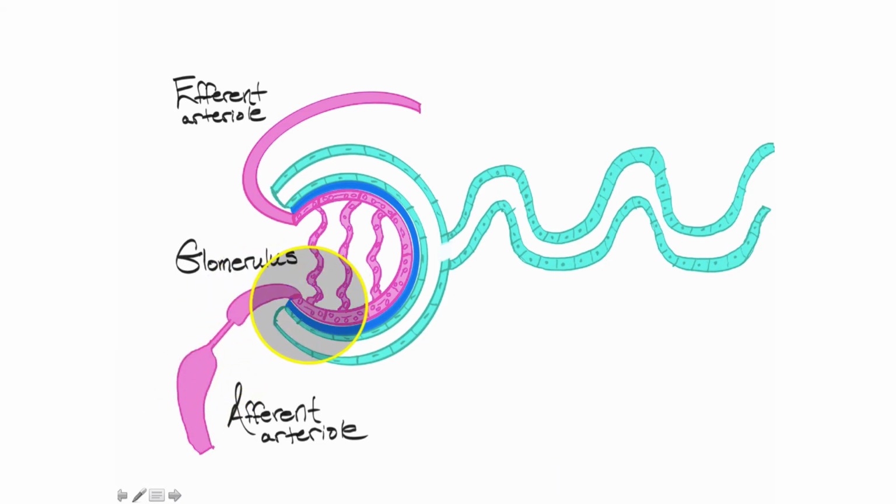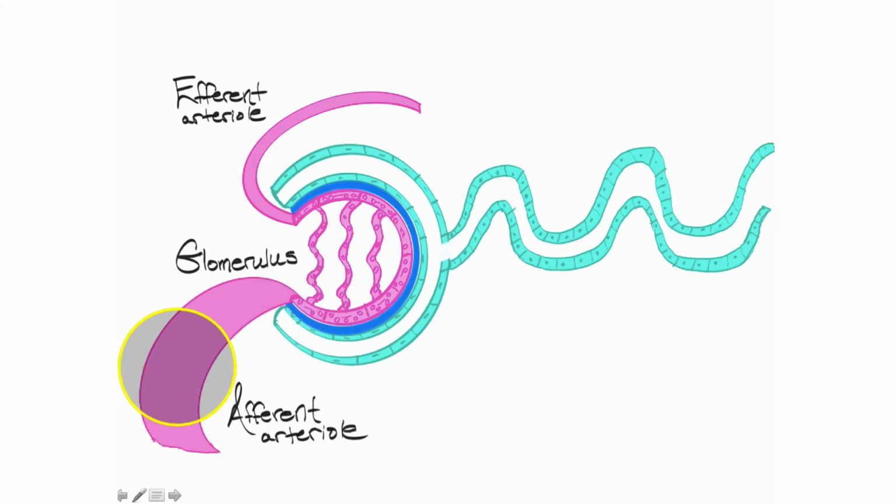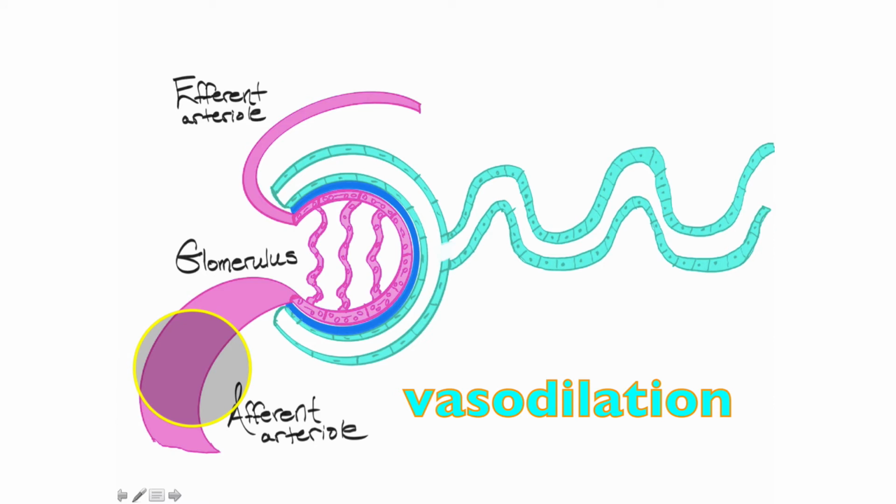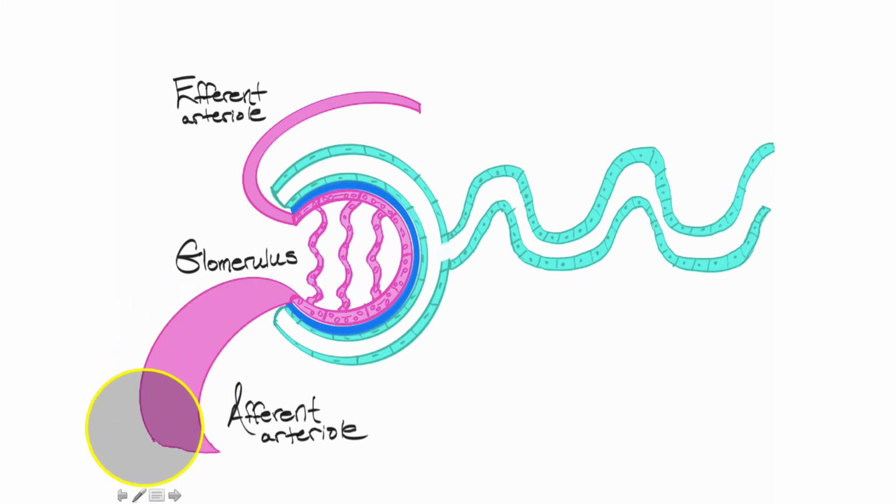Now, if GFR is too low, we can vasodilate the afferent arteriole. By vasodilating the afferent arteriole, we're increasing the volume of the container, which will decrease pressure and increase blood flow to this area.